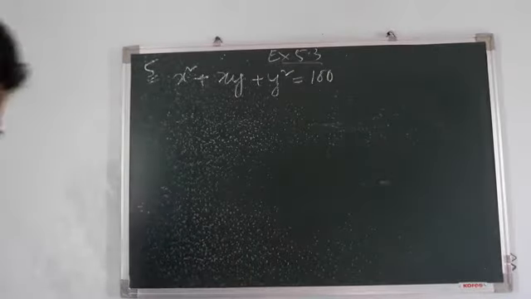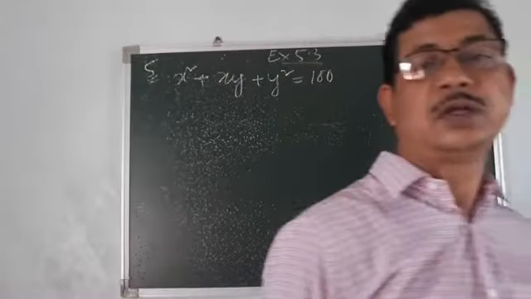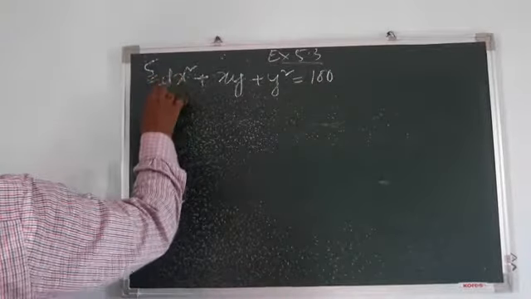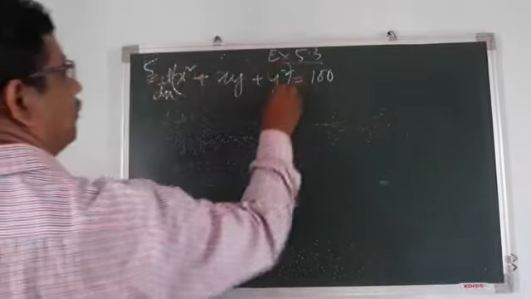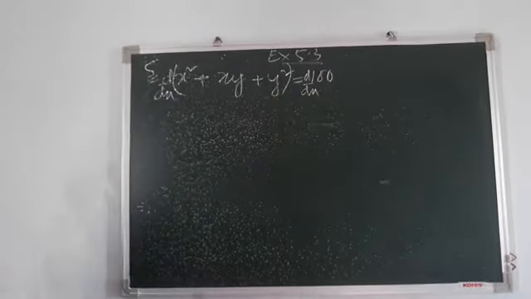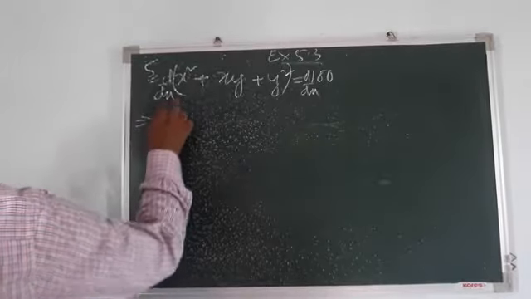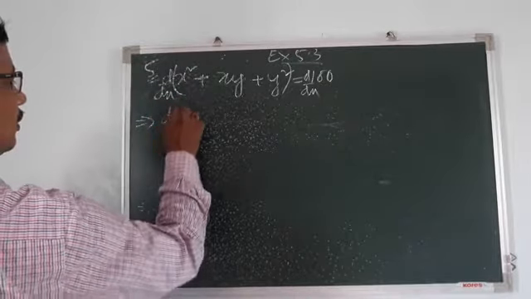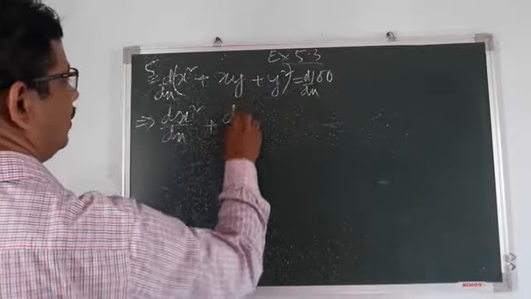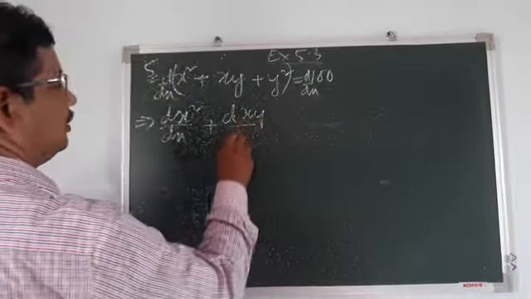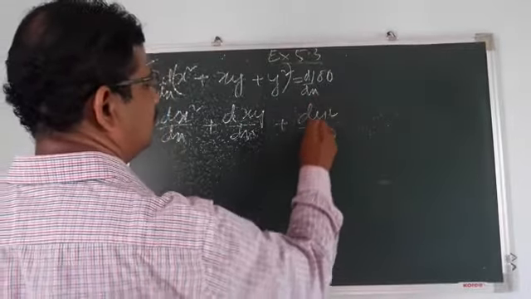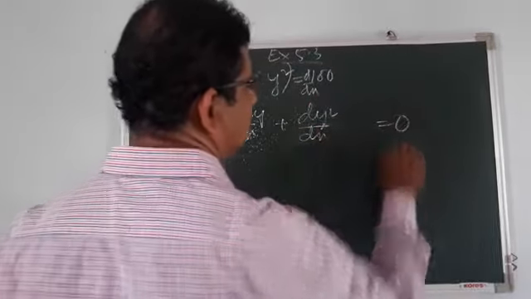Now we differentiate it with respect to x, just like the earlier one. We will break it up: d(x square)/dx, d(xy)/dx, d(y square)/dx is equal to 0.